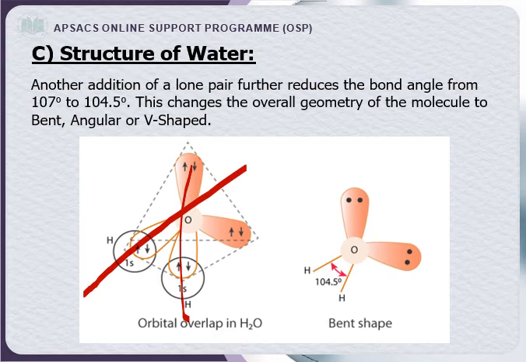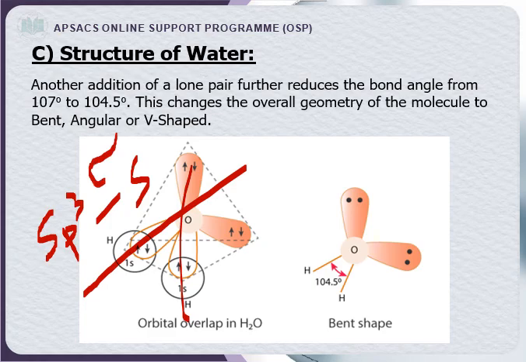The half-filled 1s will overlap with the half-filled sp3 orbital of the oxygen. It will be termed an sp3 to s overlap, right? Each one will have sigma bonding, while the other 2 orbitals are holding lone pairs.